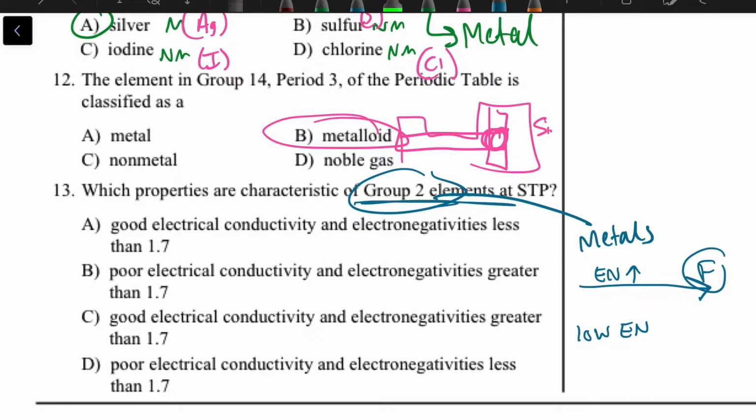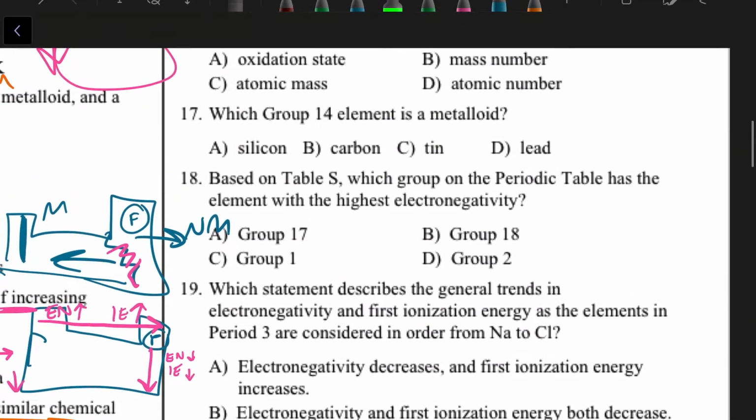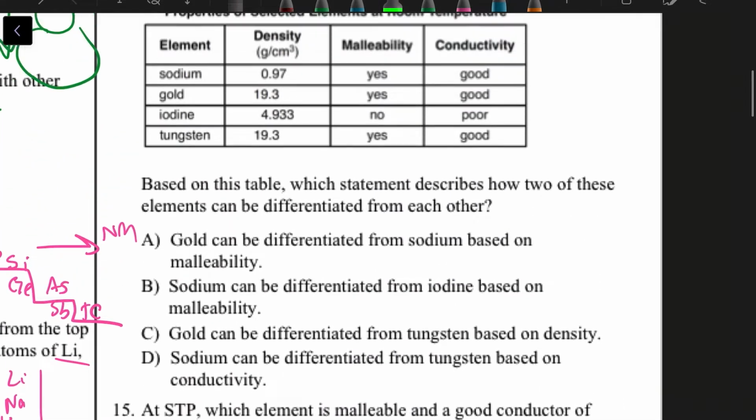We also said in previous questions, and this is just a good fact to know, metals are good conductors. So we want to find an answer that has low electronegativity and a good conductor, and that is answer choice A. The fact that it says 1.7, don't fixate on that number, but you also can check Table S and solidify your response that way.